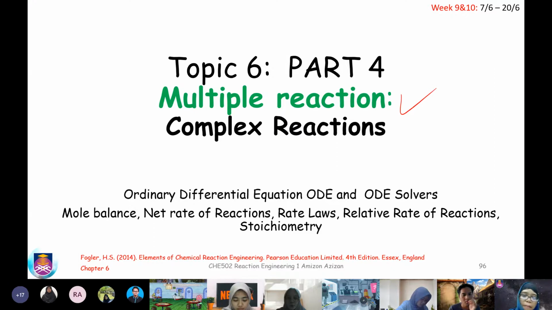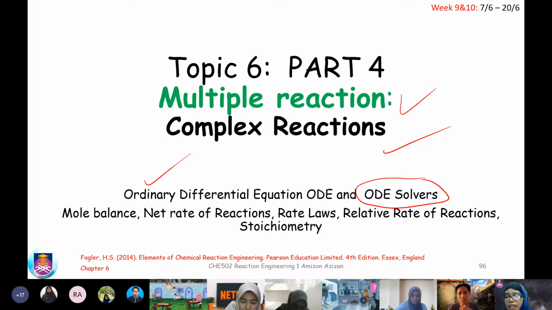It's still about multiple reactions, but then we have an additional name for it, which is complex reactions. Mainly because we are going to deal with many equations which need to be solved simultaneously, and in order to do that, we can use ODE solvers, for example Polymath, for ordinary differential equations.